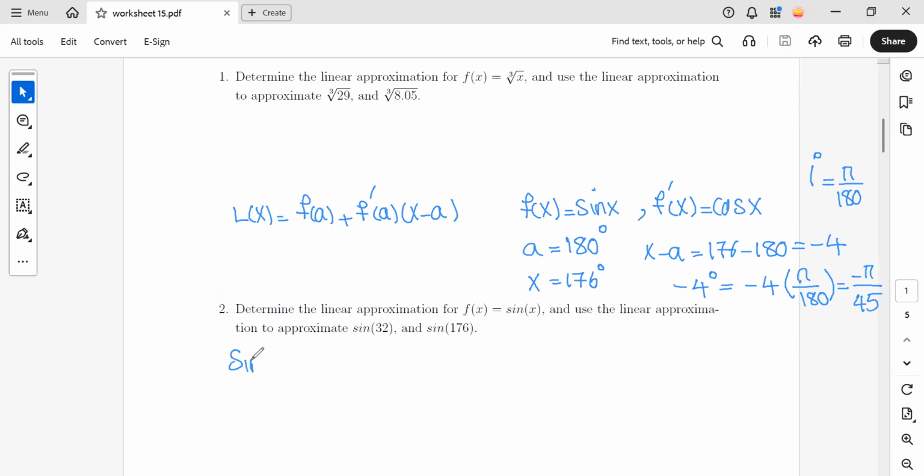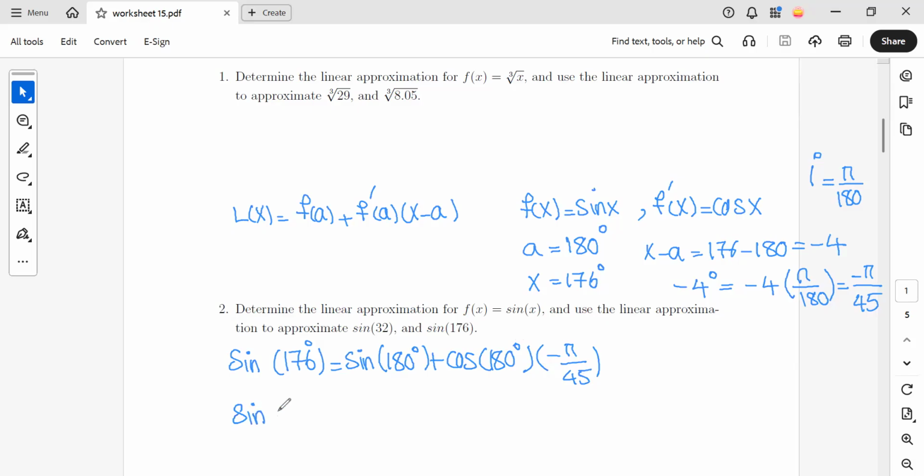So sine of 176 degrees will be sine of 180 degrees plus cosine of 180 degrees times x minus a, which is negative pi over 45.